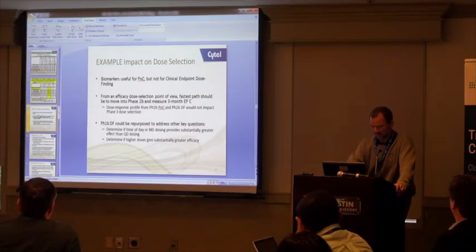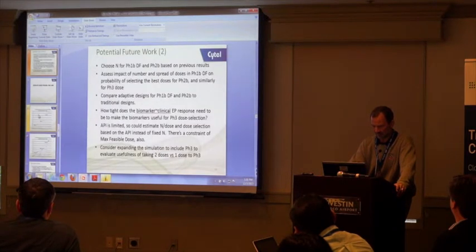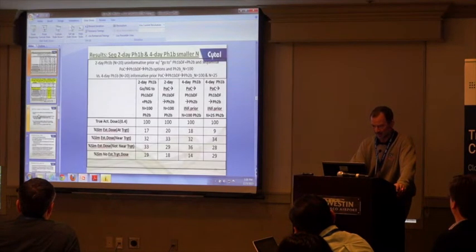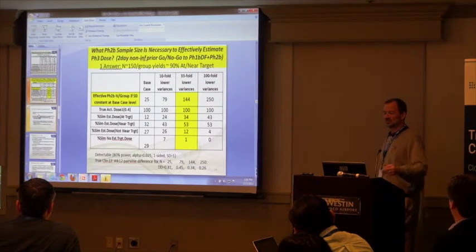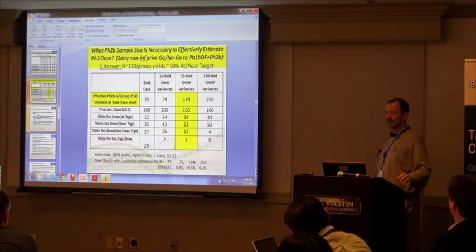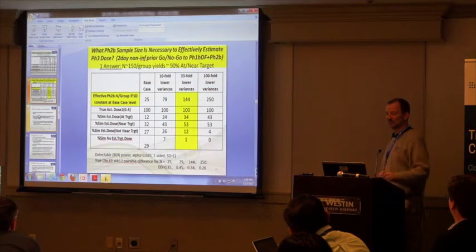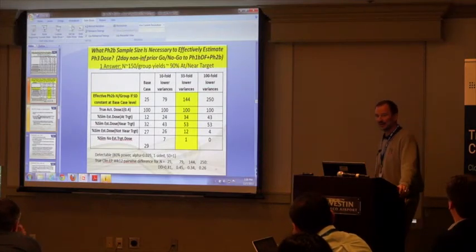There's one finding that's really important. And that is, just in general, we simulated with decreasing variance as a surrogate for increasing sample size, because the increased sample size, the runtime was too long.